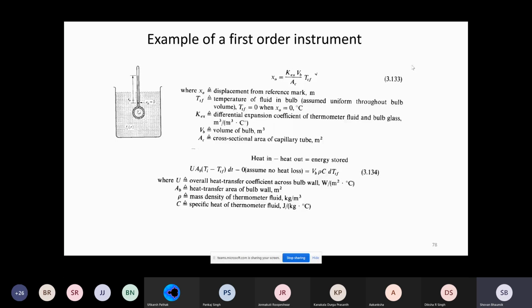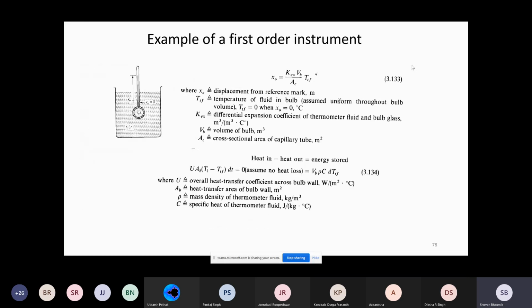VB is the volume of the bulb, rho is the mass density of the thermometer fluid, C is the specific heat of the thermometer fluid, and TTF is the temperature of the liquid inside the bulb. So this, 3.134, is the governing equation.